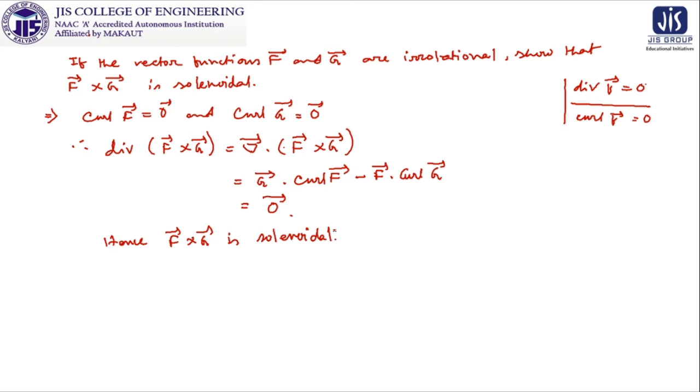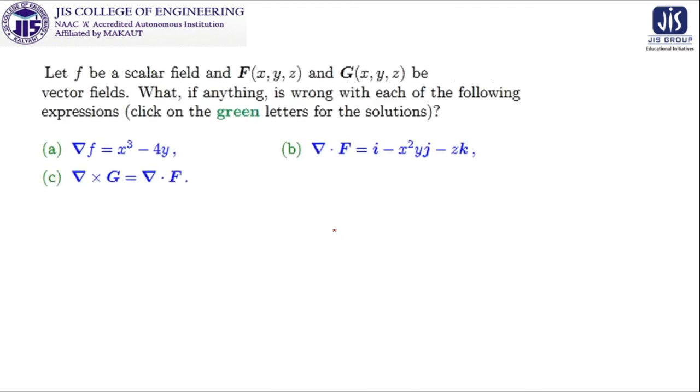Now we are at the last part of this class, where we get some conceptual problems like this. They are saying that f is a scalar field and F(x,y,z) and G(x,y,z) are vector fields. So we are taking both types of them. Now what, if anything, is wrong with each of the following expressions?